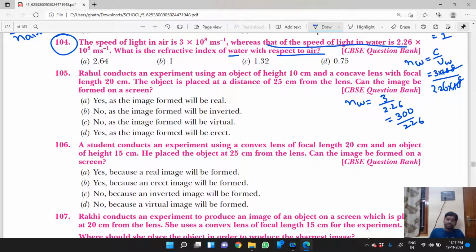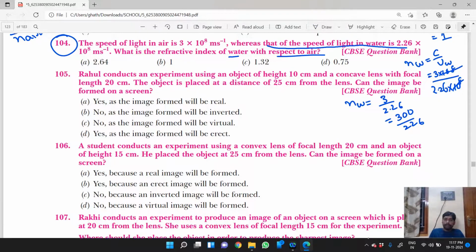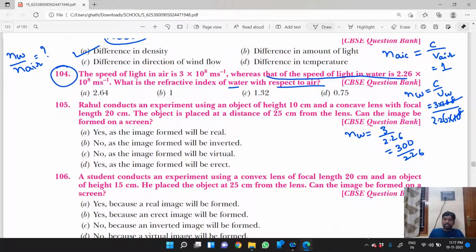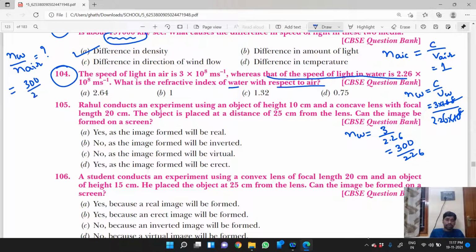So here, the refractive index of water with respect to air is 300 upon 226, and air is nothing but 1. So we can do the cancellation here.